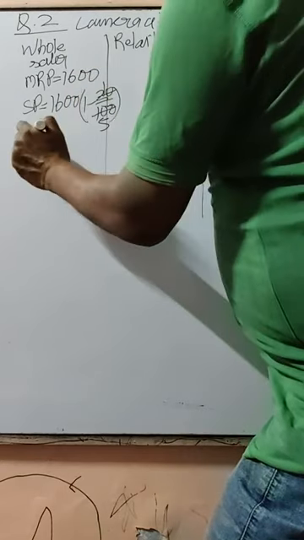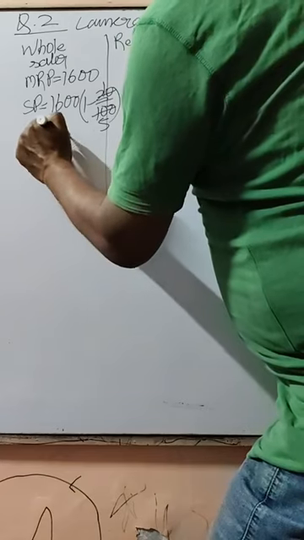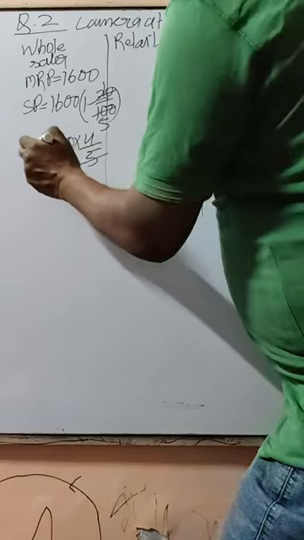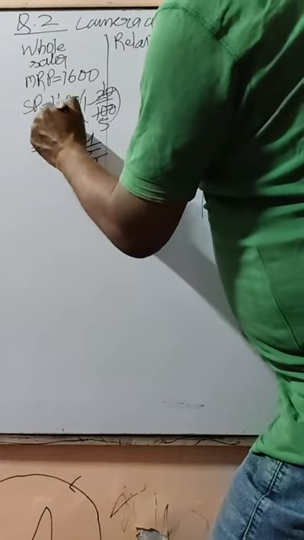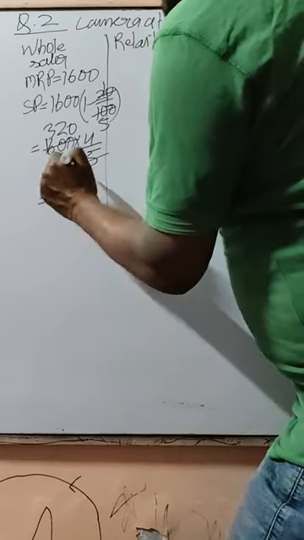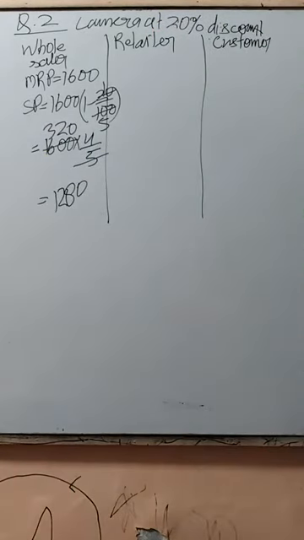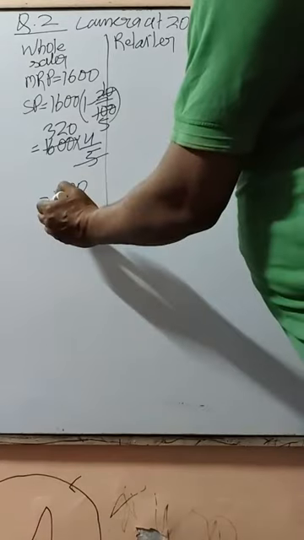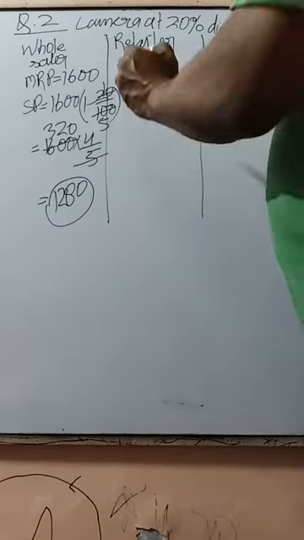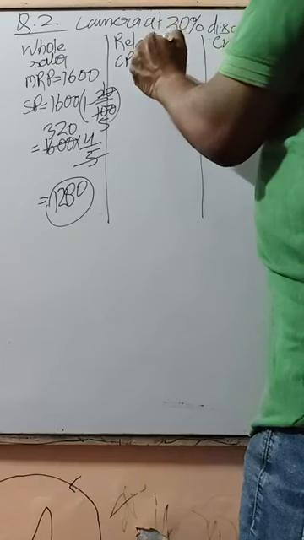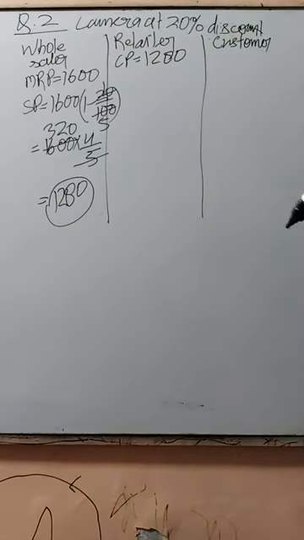It becomes 5. 1600 into 4 upon 5, it becomes 1280. This is the cost price SP. This is the CP of retailer is 1280, right? So how much GST is there?